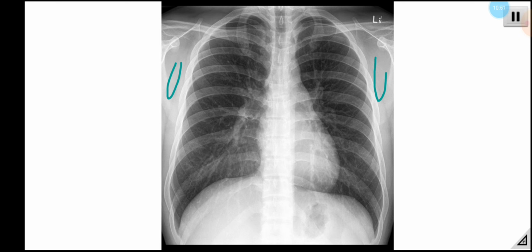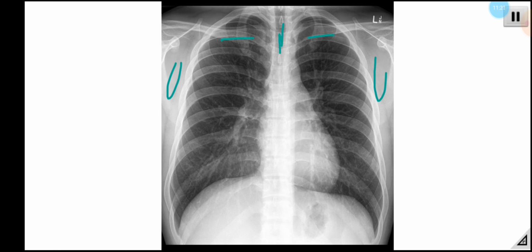Now let's discuss the heart and the things which you can see on the X-ray, the different chambers, and how you can identify them. Here you can see the right atrium, which I'm going to mark over here.